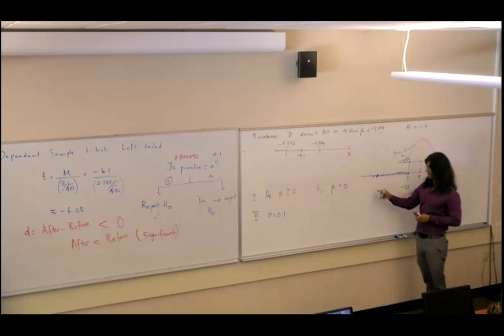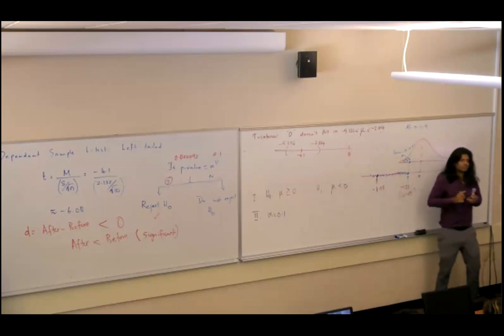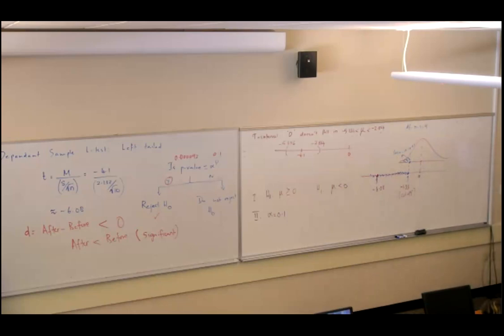The test statistic is way out here, far into the negative. It is in the rejection region, so we reject the null. Good.